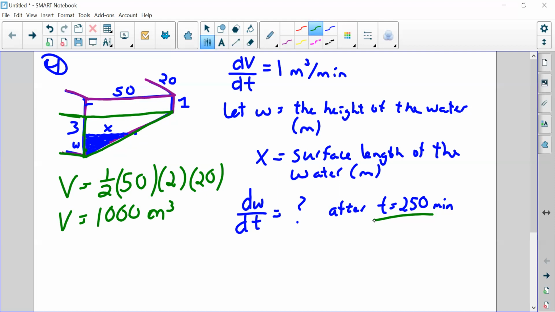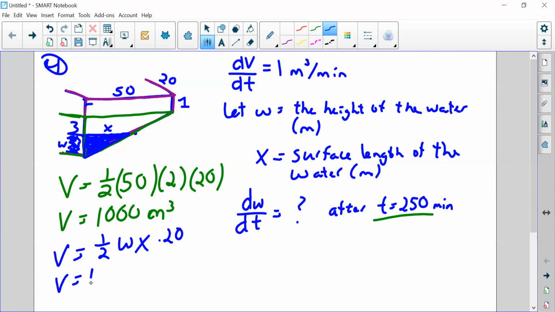So now I'm going to look at the blue triangle prism. That's filled in with water here. Covered up my W. So what would be my volume formula for the blue one now? Volume is equal to 1/2 W times X times 20.